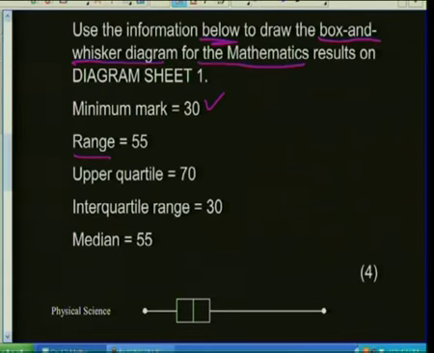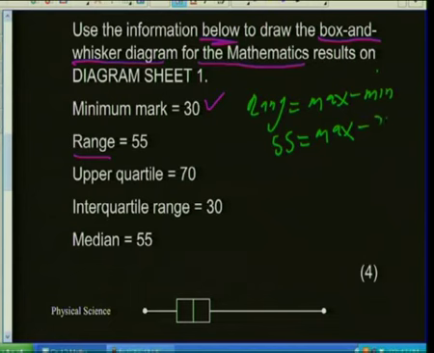Let's see how we can do this. Remember that the range is equal to the maximum value minus the minimum value. So the range in this case is 55. What is the maximum value? I don't know, so I put maximum value there. Minus the minimum value, which is 30. Then I solve an equation.